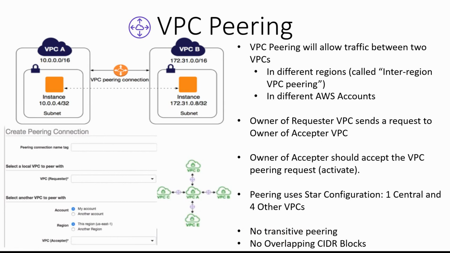What do you mean by transitive peering in this case, Shyam? Transitive peering means, for example, if VPC A and VPC B are connected, and similarly A and C are connected via another VPC peering, it is not implicit that B and C are connected by default. They are not connected, so you need one more VPC peering between these two.